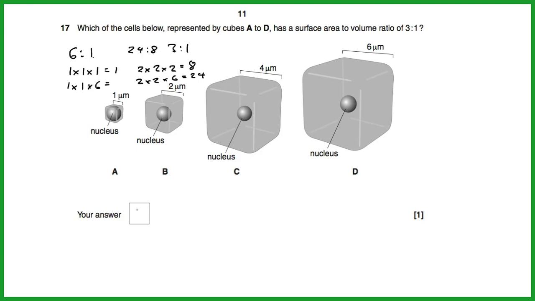So the answer here is B. The others, for the cube sized 4, it's 96:64, which is 3:2. And then for cube D, it'll be 6 times 6 times 6, which gives us 216. And then the volume and the surface areas are going to be the same. So this gives us 1:1. So the answer here is B.